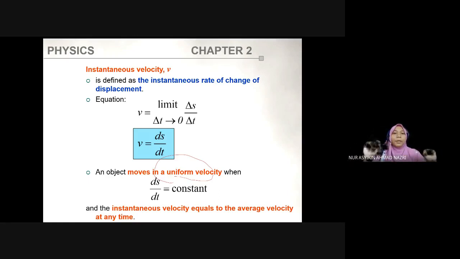And then maksudnya kalau kita kata the object move in a uniform velocity means that the instantaneous velocity, contoh pada masa 3 second dia masih that velocity. Pada 6 second dia masih pada velocity sebab dia masih dalam range time yang kita cari tadi tu.